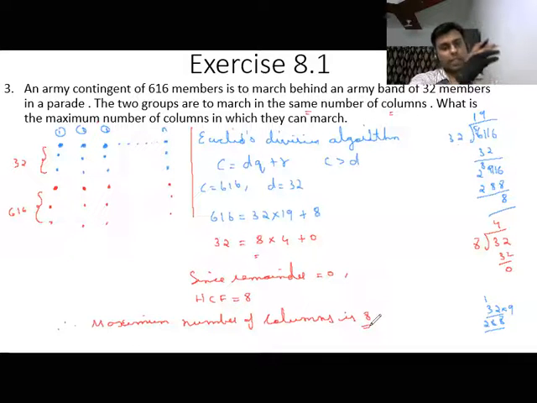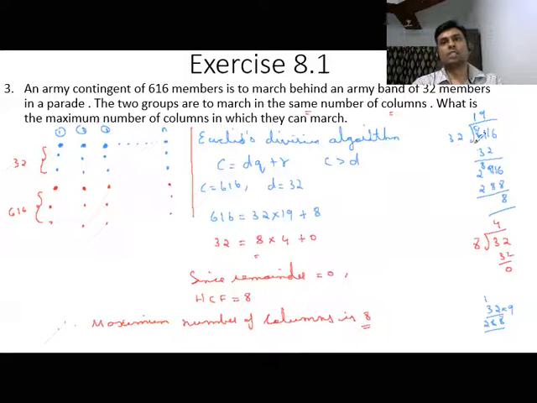So army band can have n number of columns. There are 32 people. 616 soldiers should march behind in the same number of columns, which means you have to find the HCF between 616 and 32. For that, use Euclid's division algorithm. C is equal to DQ plus R. C is the dividend, D is the divisor.